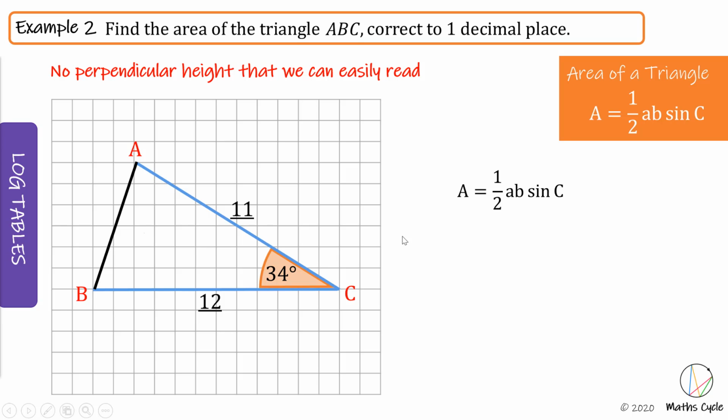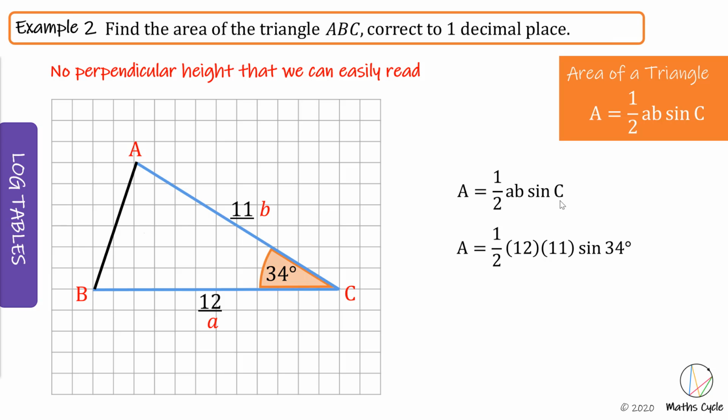Now, if you want to know exactly what A, B, and C are for this formula, A is the side opposite the vertex A, B is the side opposite the vertex B, and C is the angle at the vertex C. So filling in our formula then, we have a half multiplied by, then sub your 12 in for A, sub your 11 in for B, and sub 34 degrees in for C. Now, the triangle won't always be called ABC in a question.